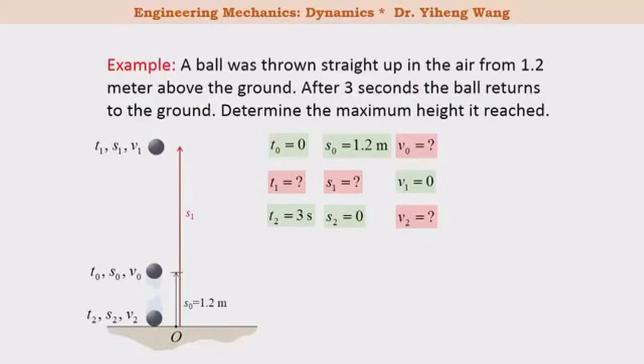In other words, it is only subjected to gravity. Of course, this is assuming that the air resistance is negligible, which is a reasonable assumption in this case. Therefore, the acceleration is a constant negative 9.81 meters per second squared. The negative sign is because the direction of the gravitational force is opposite to what we established to be the positive position.